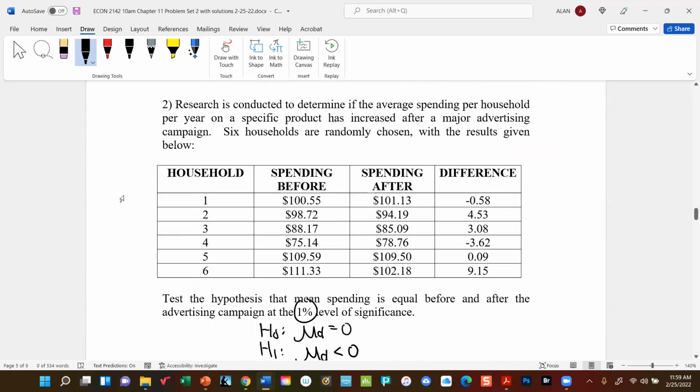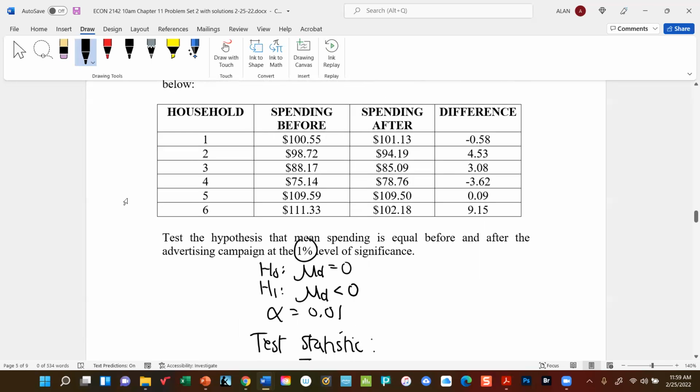Now, this one is different because here we're hoping to find evidence. The spending, we want it to go up, but that implies a negative difference. Because remember, we're defining the difference. If this is population 1 or sample 1, sample 2, and remember we define mu d as mu1 minus mu2.